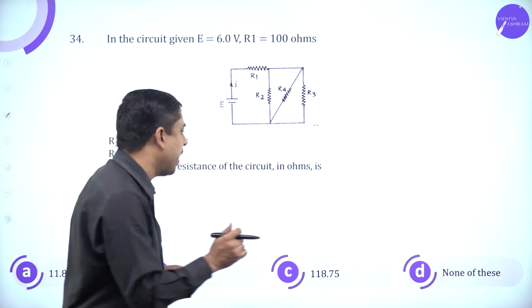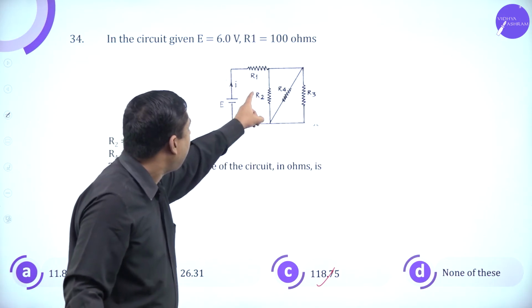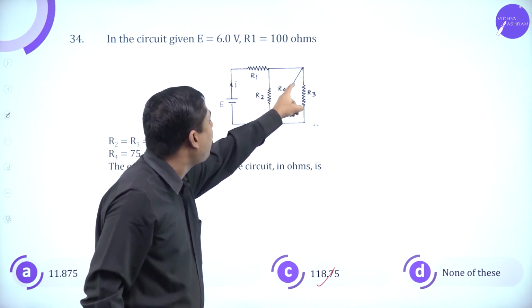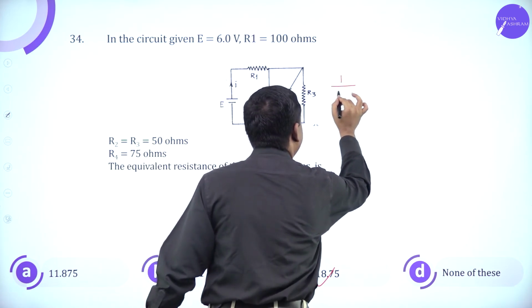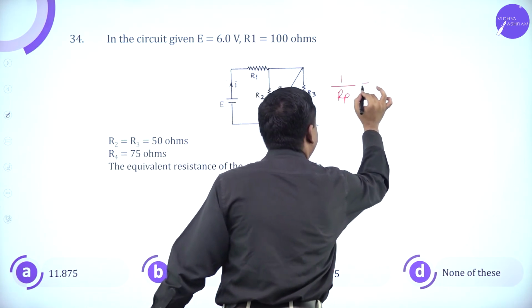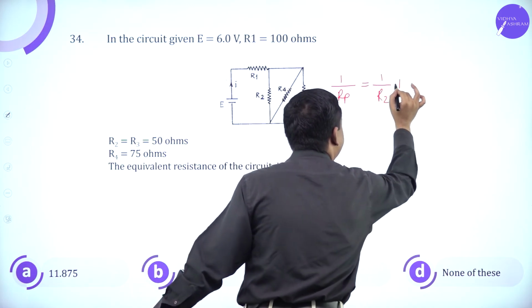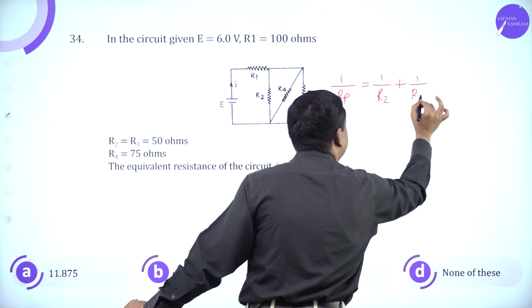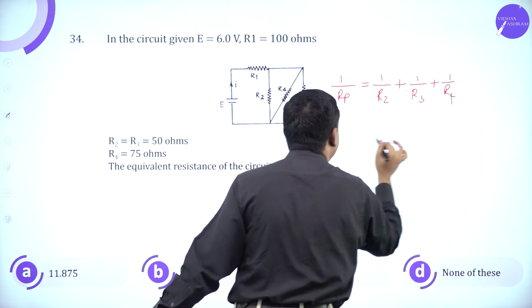We have done this quite a number of times. How do you do it? R2, R4, R3 are in parallel. So 1 by Rp is 1 by R2 plus 1 by R3 plus 1 by R4.